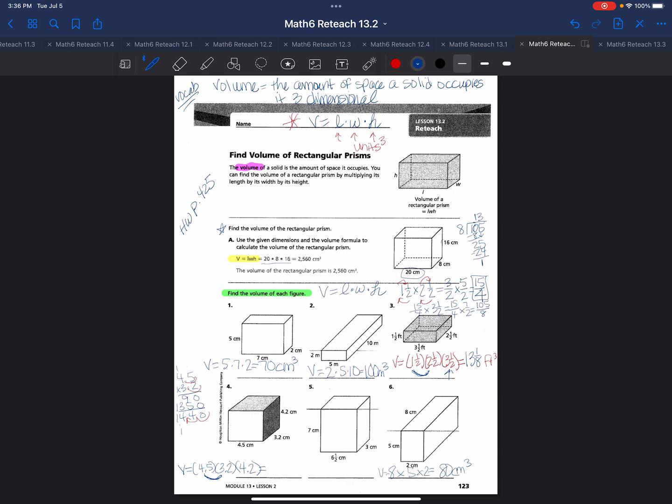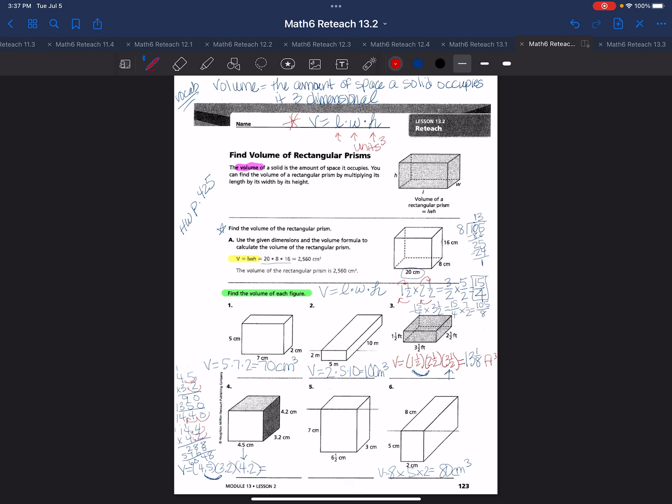Now I need to multiply 14 4/10 times this last term. 2 times 4 is 8. 2 times 4 is 8. 2 times 1 is 2. 4 times 4 is 16. 4 times 4 is 16 plus 1 is 17. 4 times 1 is 4 plus 1 is 5. Then go ahead and count your decimals.